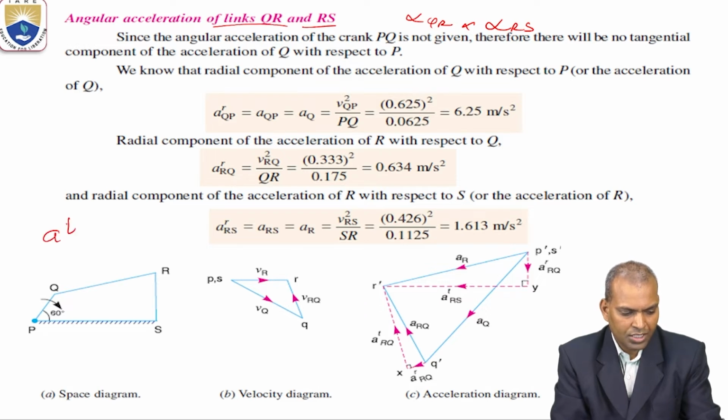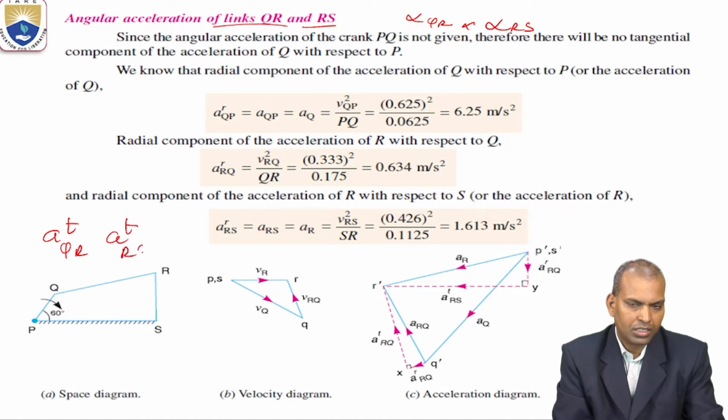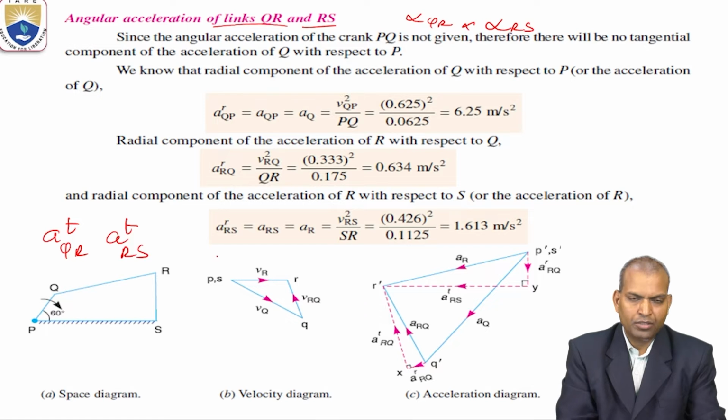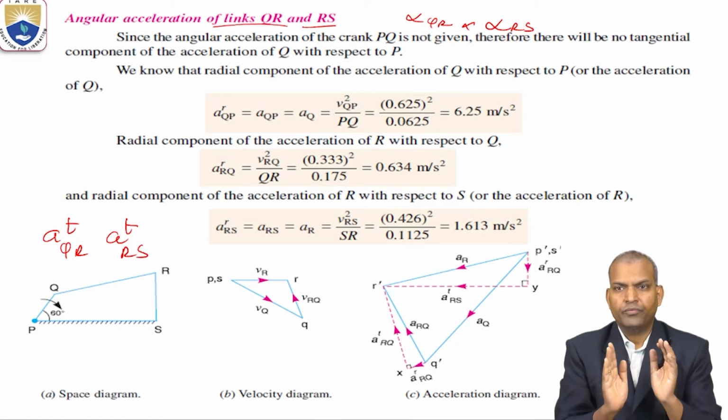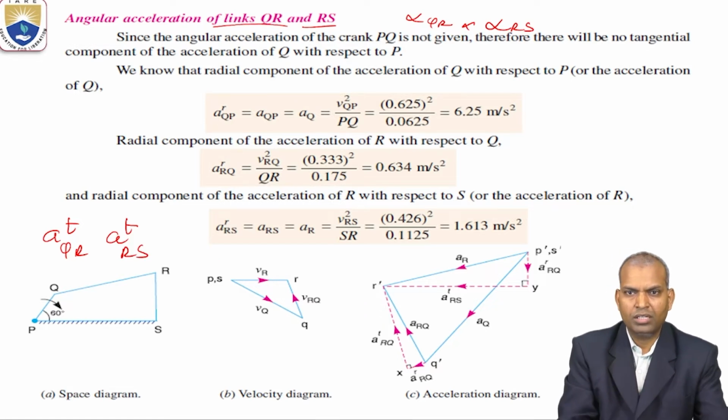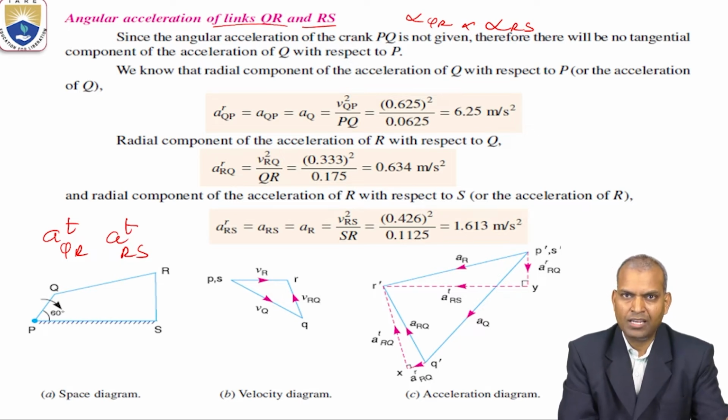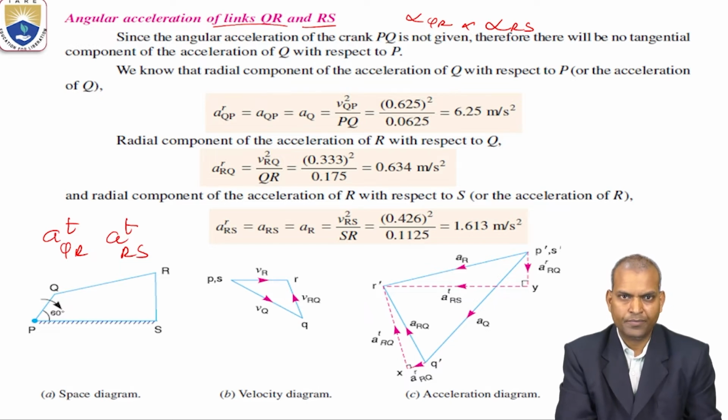We want the tangential accelerations of QR and RS. How to find out? Now we have to draw the acceleration diagrams. From that acceleration diagram only we can calculate the angular accelerations of links QR and RS.